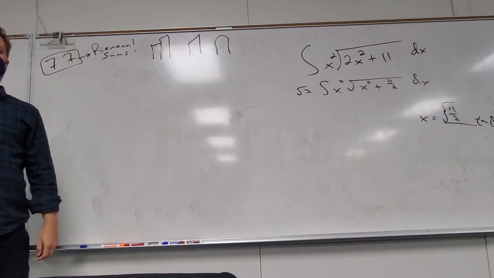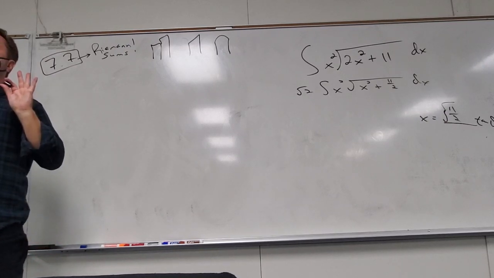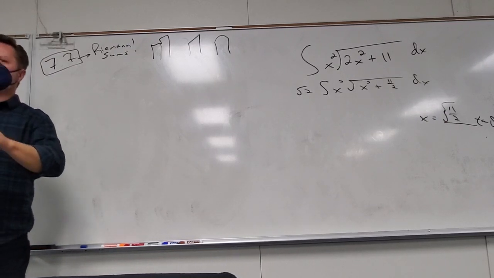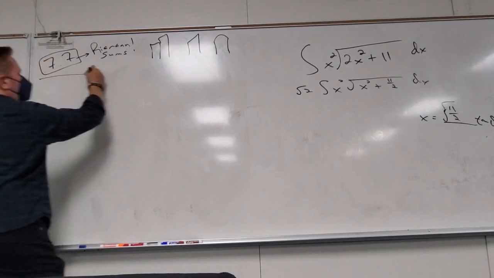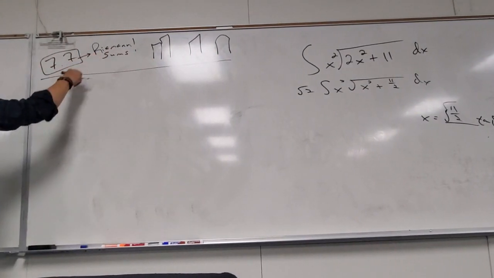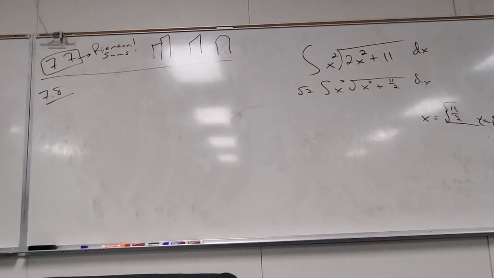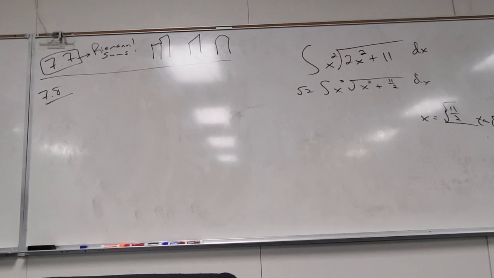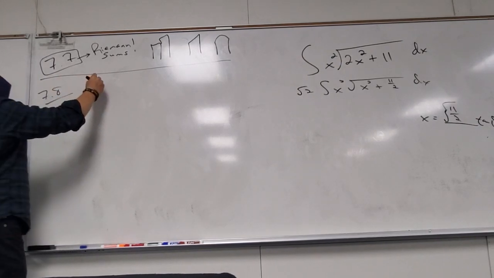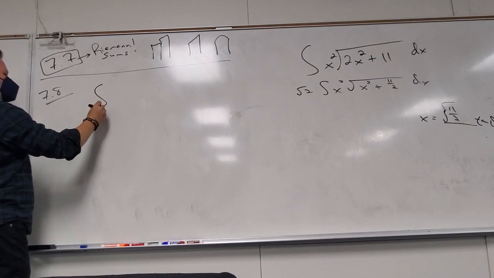Okay, so we're still going to do it, just going to do it next class, right? Tonight I want to do section 7-8, which should be comparatively nicer. And so let's see what 7-8's all about. 7-8 does something like this.